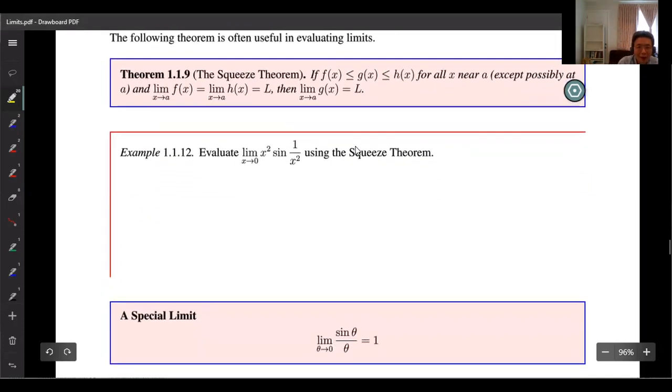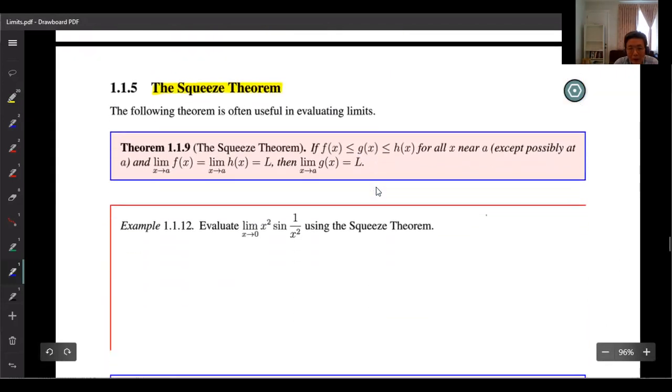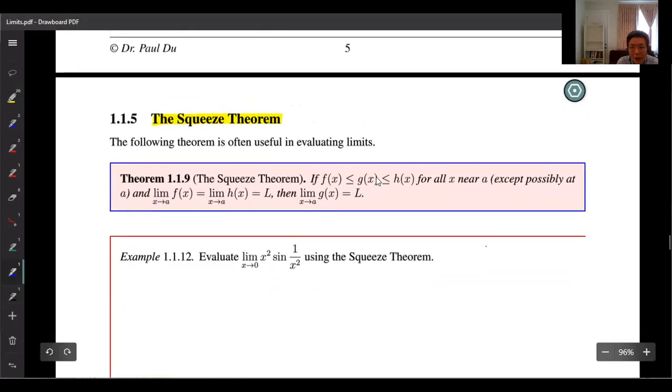So what's the idea? Very simple. You can read the theorem. The idea is this. If I have three functions, this is one function, this is another function, and this is another function. Let me use a different color.